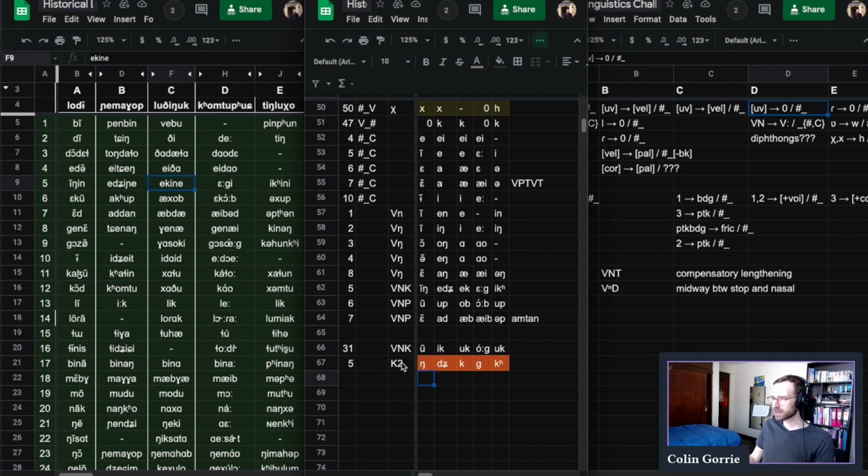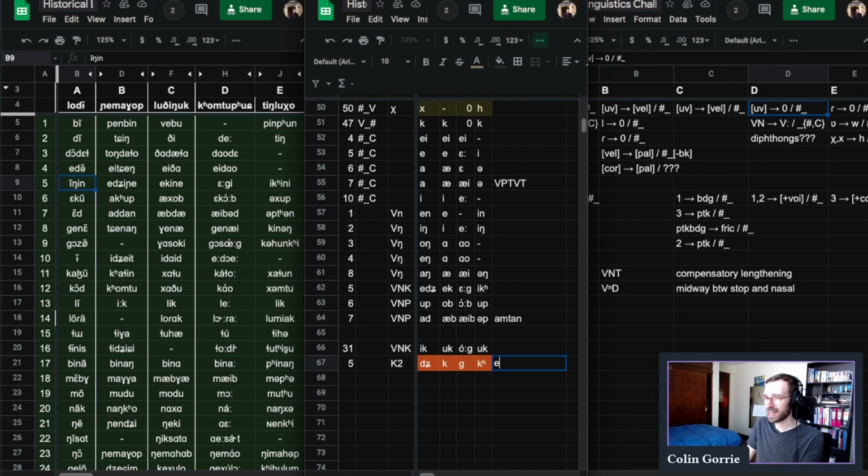So I think what we have here in 5 is something like enkine, or maybe engine.